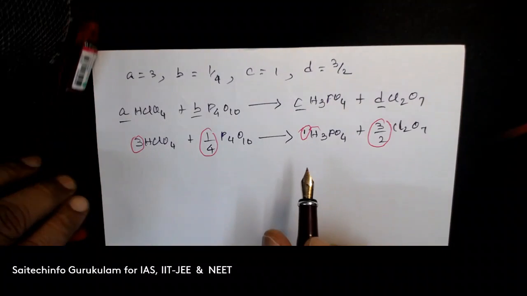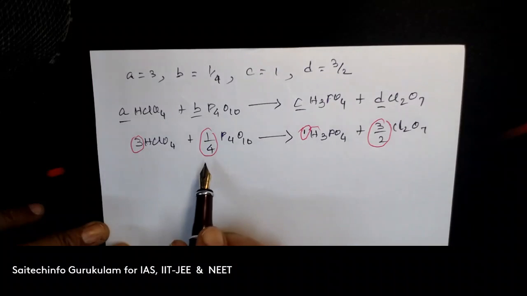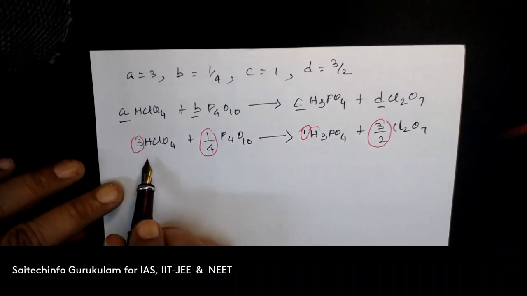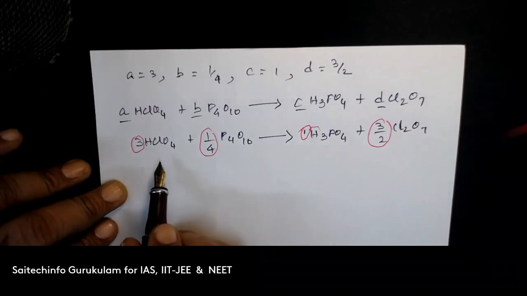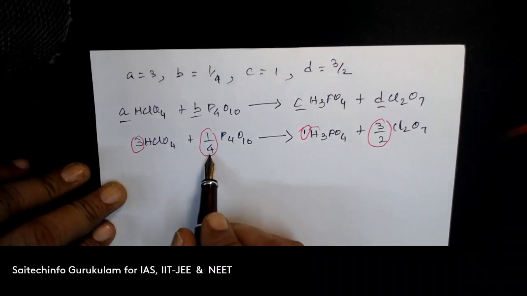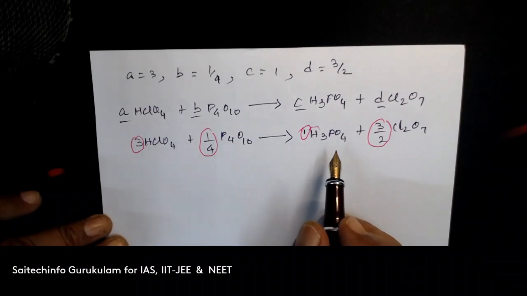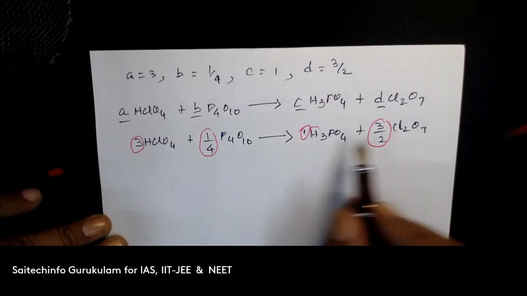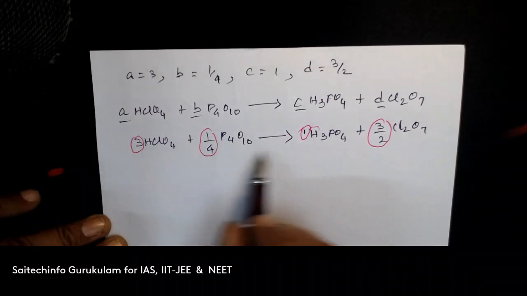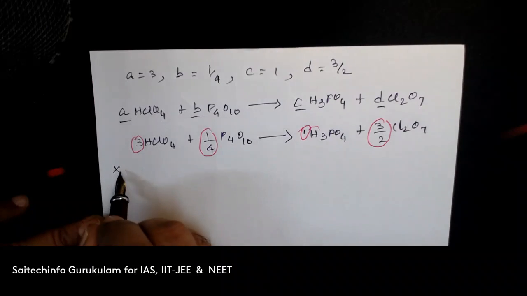Now we need the LCM. We should convert this equation into a stoichiometric one, because this has fractions, 1 by 4 and 3 by 2. We need to convert the entire equation into a well proportioned stoichiometric equation. Between 4 and 2 the LCM is 4, so the entire equation can be multiplied by 4.